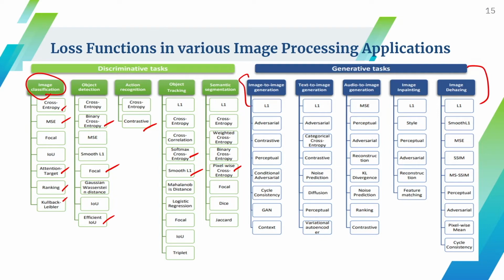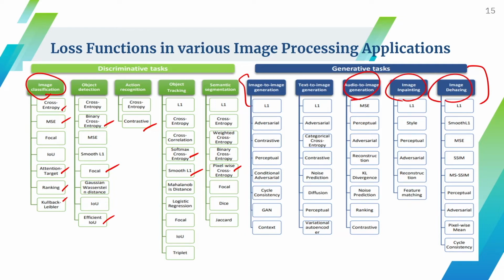Here image to image generation might be there, or text to image generation applications can be there, or audio to image generation applications can be there, or even image inpainting or image enhancing methodologies are applicable.